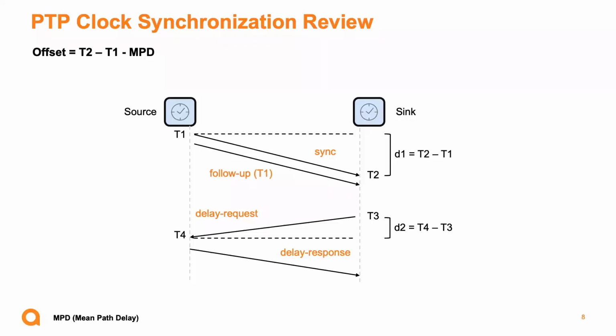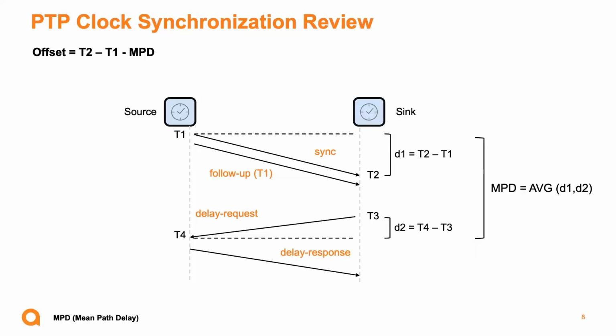So we will have two delays to compute. The first delay is T2 minus T1, and the second delay is the delay of the delay request itself, which is the difference between T4 and T3. Now the mean path delay is going to be the average between those two delays.